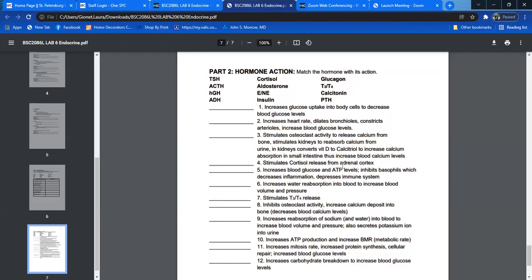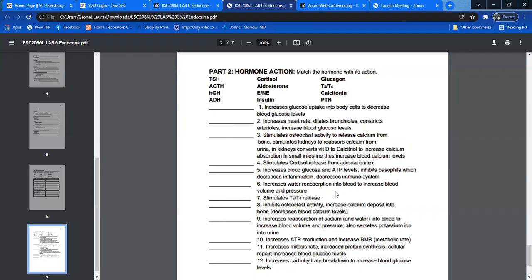That's its only function, ACTH. 5, increases blood glucose and ATP levels, inhibits basophils, which increase inflammation, and depresses the immune system. Right, that's cortisol. 6, increase water reabsorption into the blood to increase blood volume and blood pressure. Water alone, antidiuretic hormone.